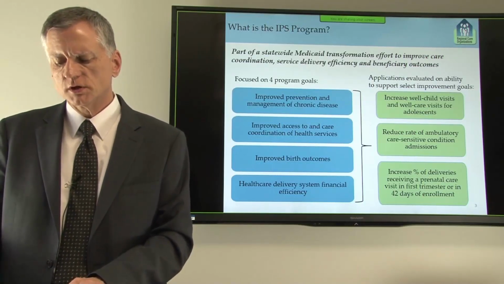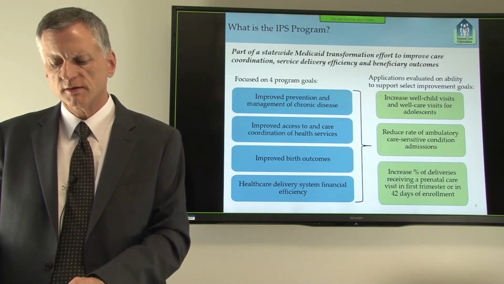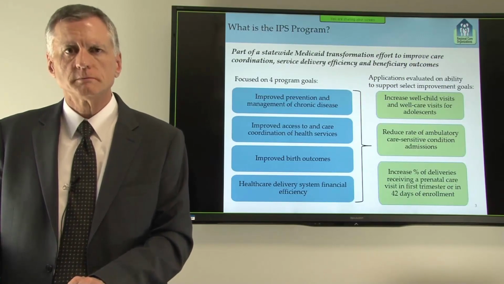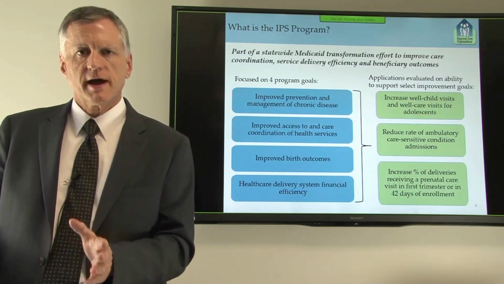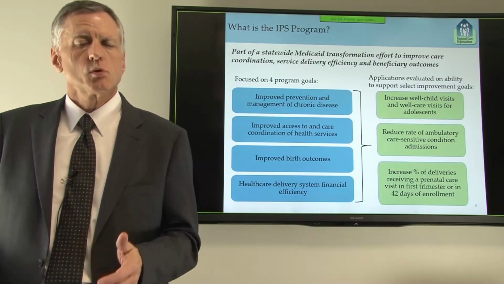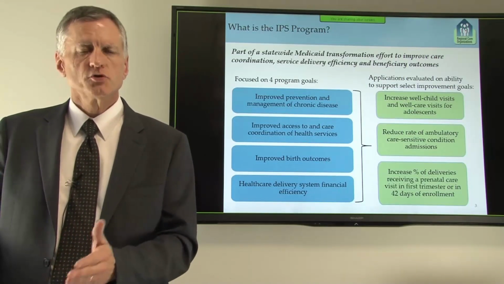And then the last one mentioned here is increasing the percentage of deliveries receiving a prenatal care visit in the first trimester or in the first 42 days of enrollment. These are much more specific than just the higher end goals, but they help support those goals. It will be important that the IPS plans address these improvement goals.